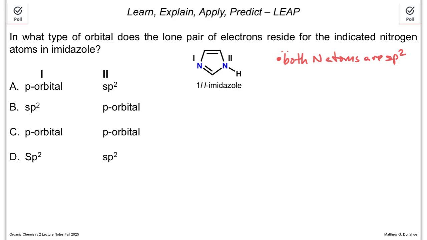So for this Roman numeral 1 here, that was an sp2 hybrid orbital. And then here, that was the p orbital. So I think for that, choice B is correct.